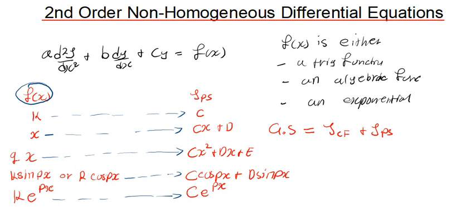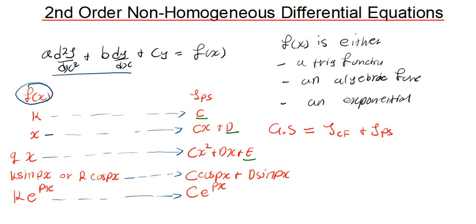Okay, so now when we determine what our particular solution is, we'll have to substitute it in the differential equation that we are given to come up with the indeterminate coefficients. Those indeterminate coefficients are simply the c, the d, the e here, and so forth.